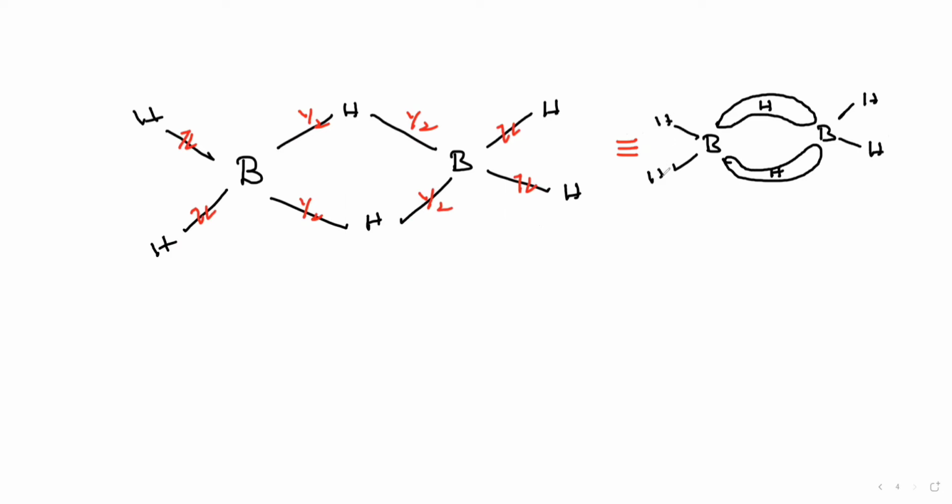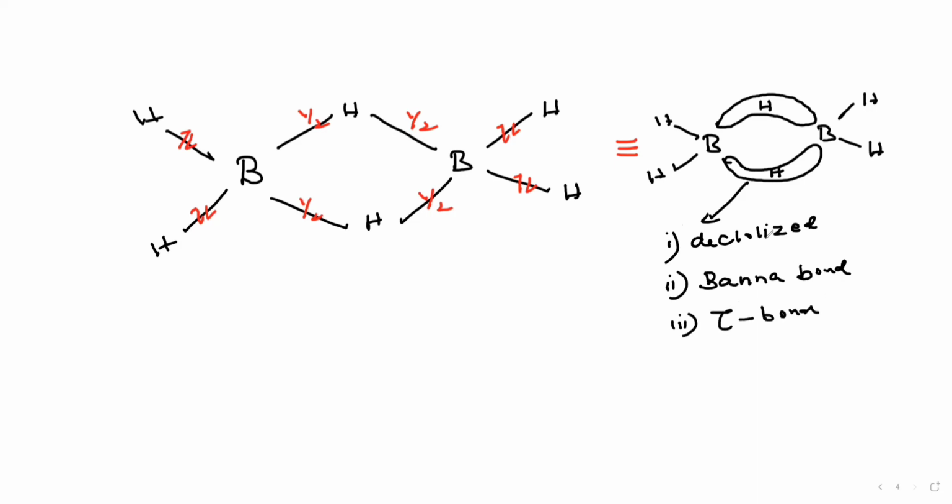This bond is called a delocalized bond. Delocalized bond, right? First name. What is the second name? This is called a banana bond. Very important. Like a banana shape. Banana bond is also called a tau bond. Tau bond. Okay. The three names.